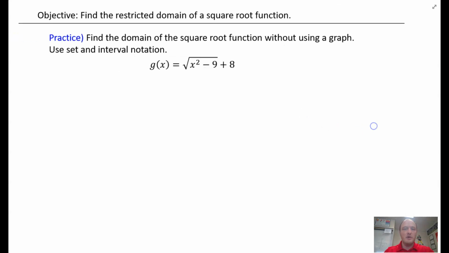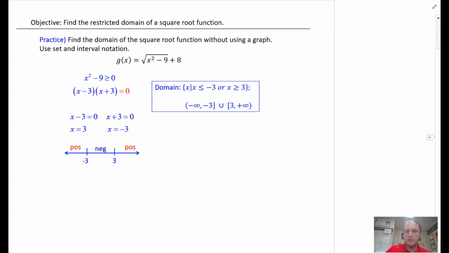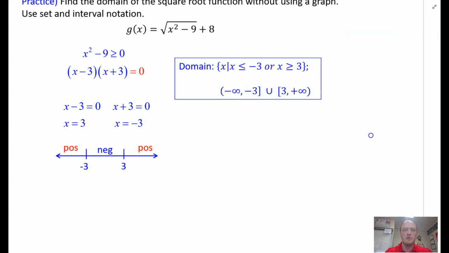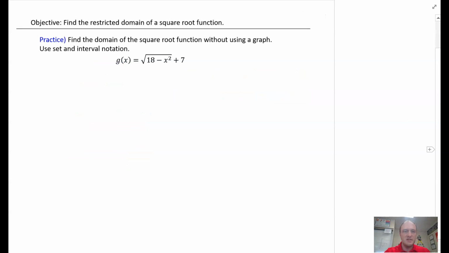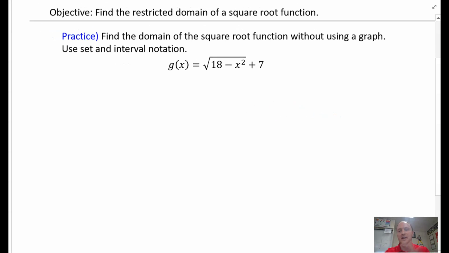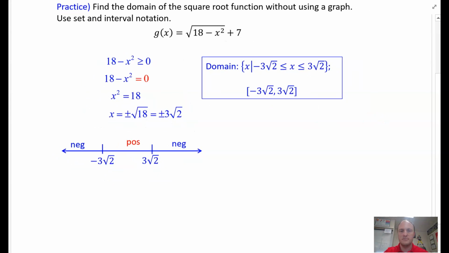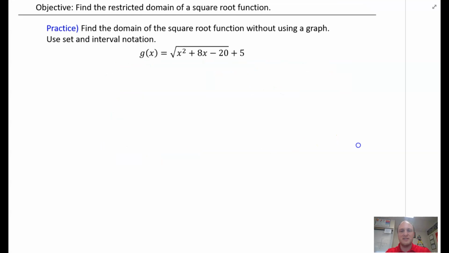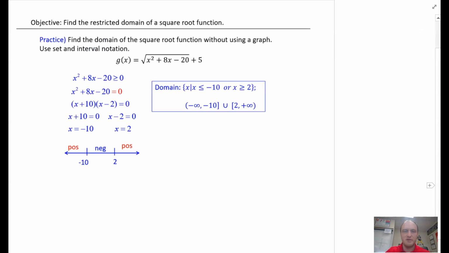Please pause the video and attempt this one. Here is the solution. There you go. The next practice problem is here. Please pause the video and attempt this one. Last but not least, here is the last practice problem. Please attempt this one.